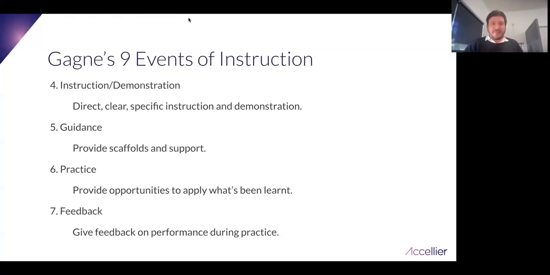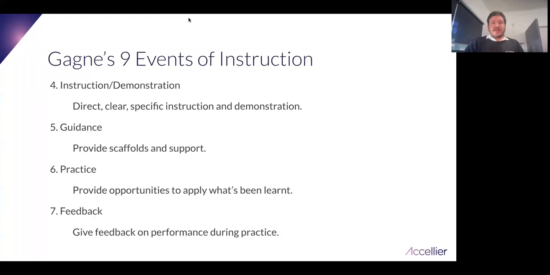Event number 4 is instruction and demonstration. That's just good, classic, direct instruction. We had Dr. Zach Groeschel on the webinar at the end of last year. If you missed that, check out his recording in the resources section of our website. That was a really great session. He's right into this, really clear instruction and demonstration.